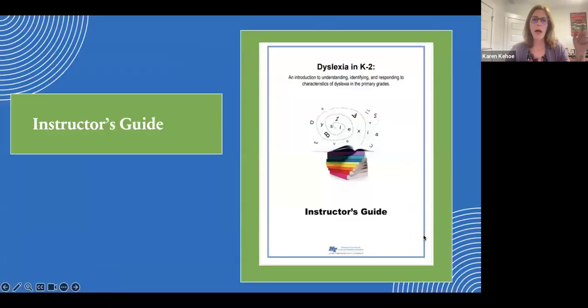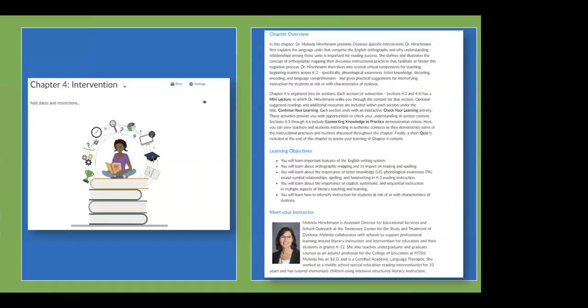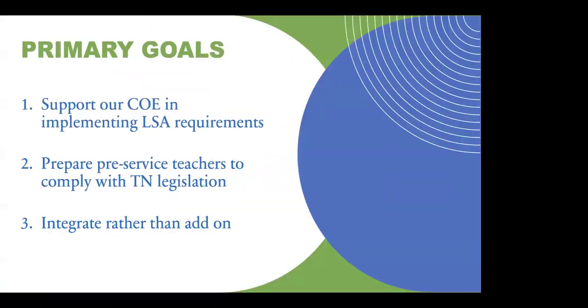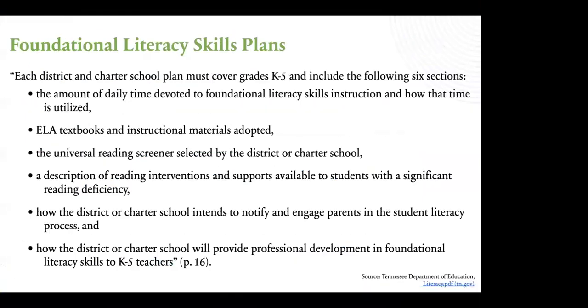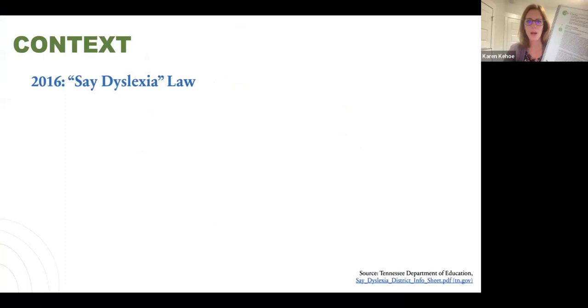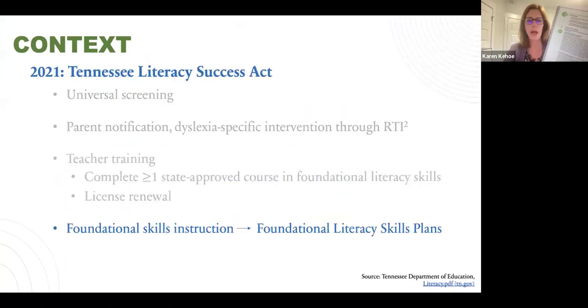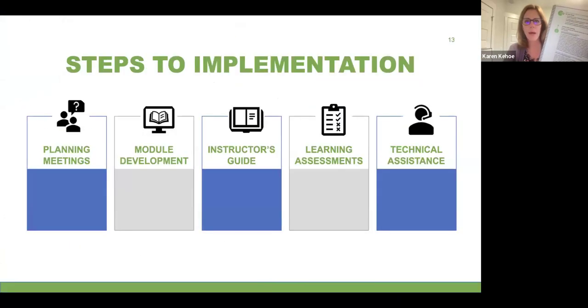Okay. And then this is what the instructor's guide looks like. It's not that thick. It's pretty, but everything that's in, so I had said that there's a parallel structure. So everything that's in the LMS, I think I went by it too quickly.